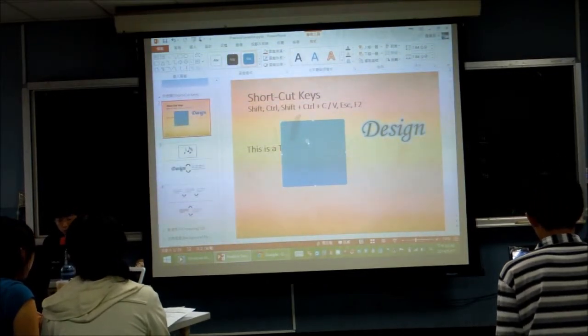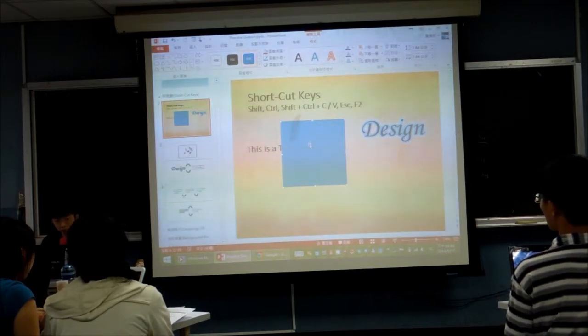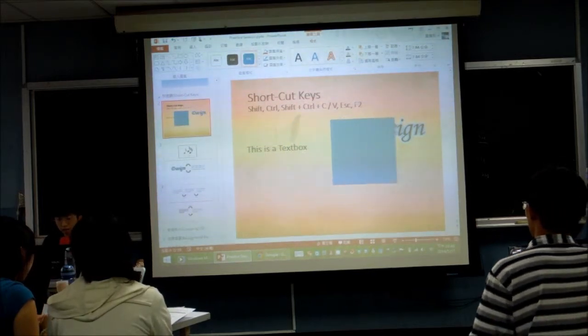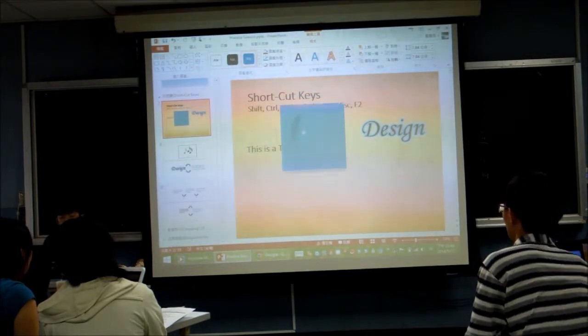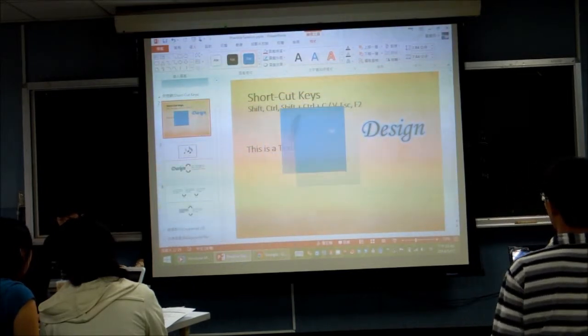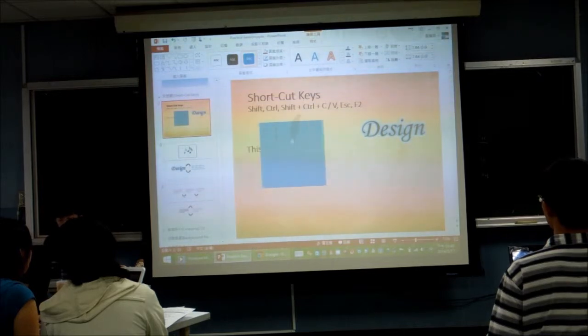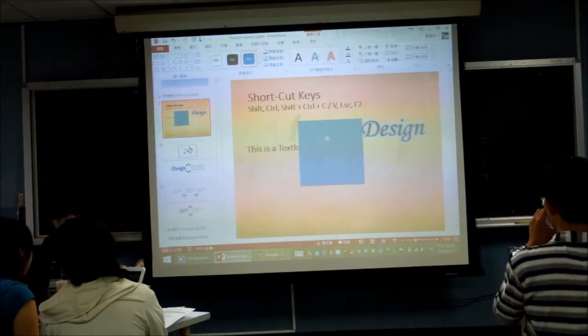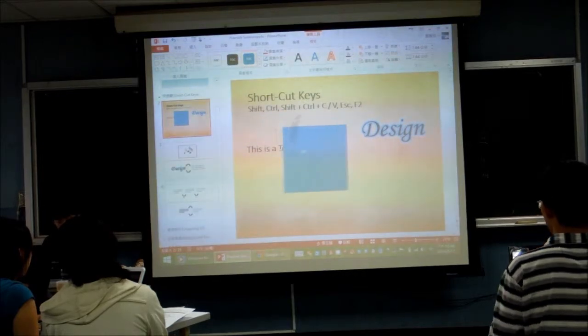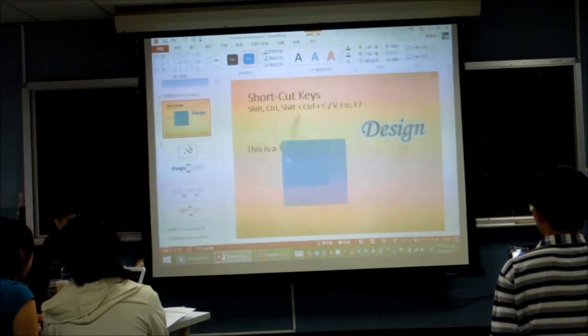If I want to move the object by pressing shift, I can move it on the vertical or horizontal plane without moving it out of the line, like this. This is what happens when I press shift, and this is what happens when I don't press shift. See the difference?